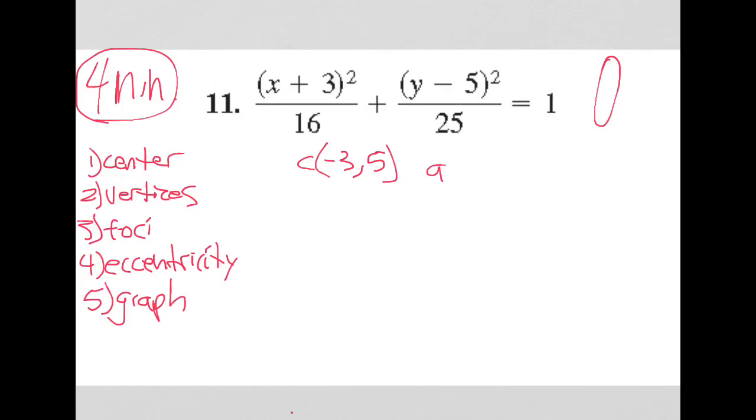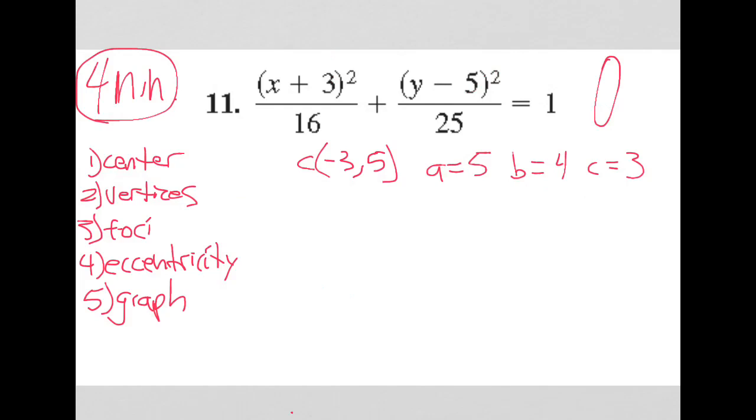So I know a equals 5, the square root of 25, which means b equals the square root of 16, which is 4. And we actually had this in the last problem, so we know this is again going to be a Pythag triple here and give us a c value of 3. But again, a squared equals b squared plus c squared, so you could solve for that in that manner.